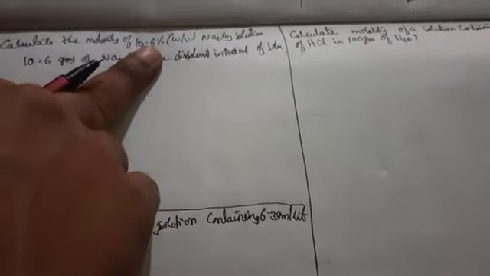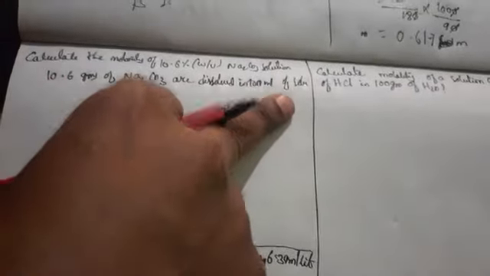So here 10.6% he has given, which means 10.6 grams of Na2CO3 are dissolved in 100 ml of this solution. So the weight here is 10.6 grams, and the volume of the solution is 100 ml.